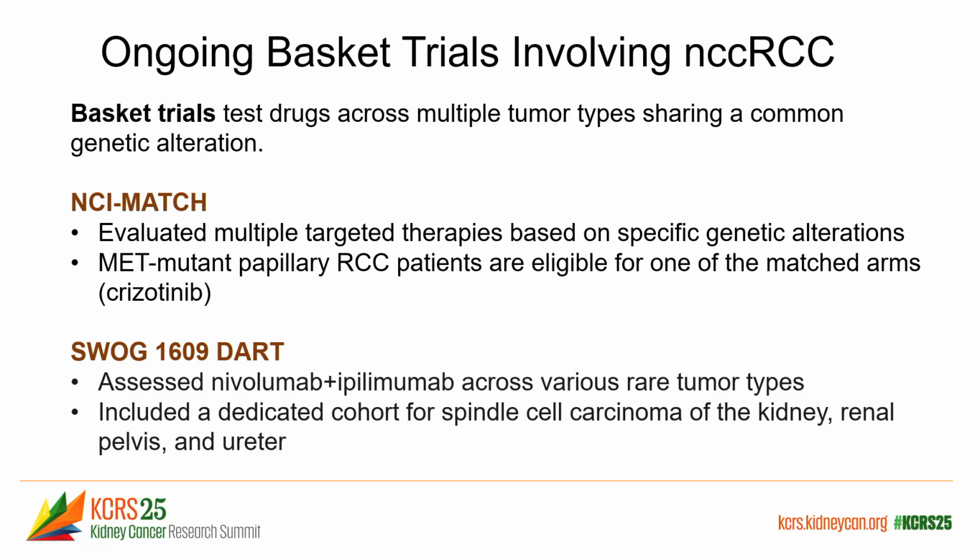SWOG 1609 is another basket trial which assesses the combination of nivolumab plus ipilimumab across multiple rare tumor types. One of the cohorts focuses on spindle cell carcinoma of rare GU tumors.